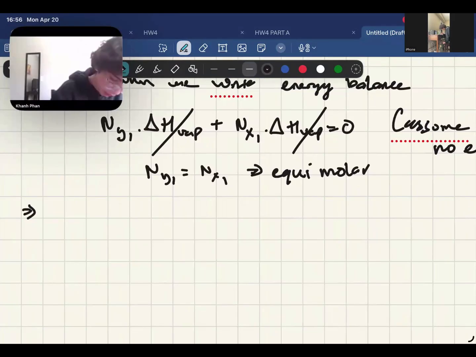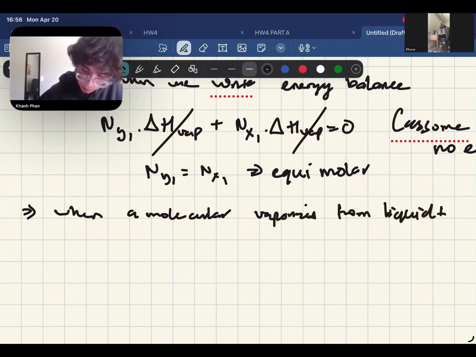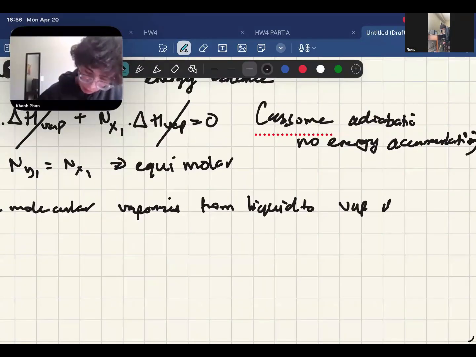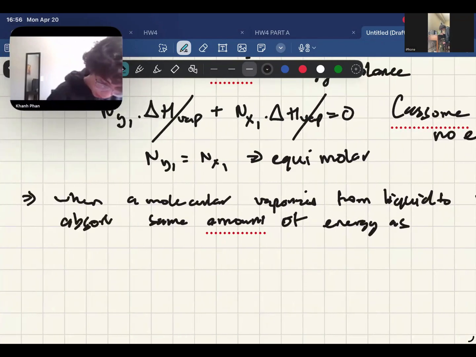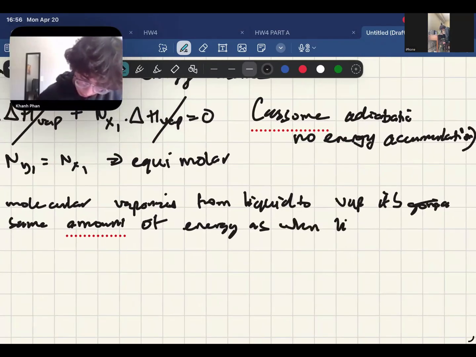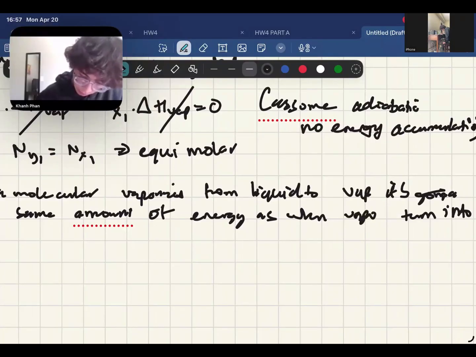So when a molecule vaporizes from liquid to vapor, it's gonna absorb the same amount of energy as it releases when vapor turns into liquid.